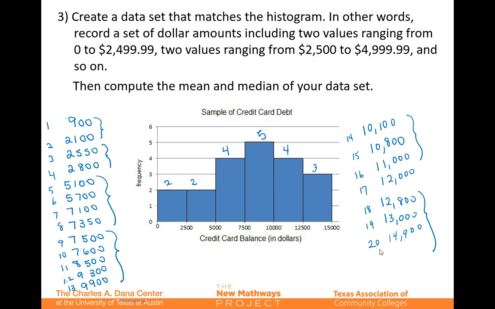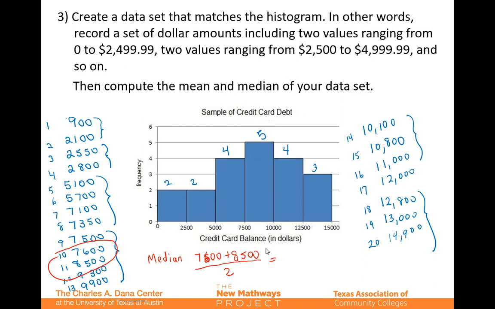So the two middle values are these two. Let me change colors. 10 and 11. If I want the median, I take my two middle values and I get the average. 7,600 plus 8,500 divided by 2.